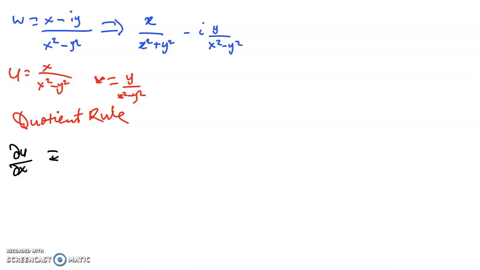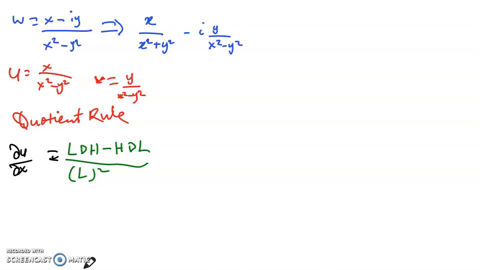L represents low, d high minus high d low, divided by low squared. Now this is just like a mnemonic that enables you to remember the formula.